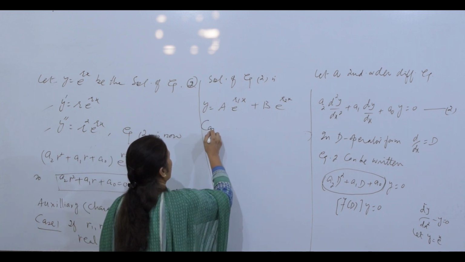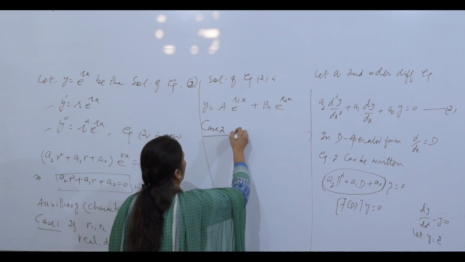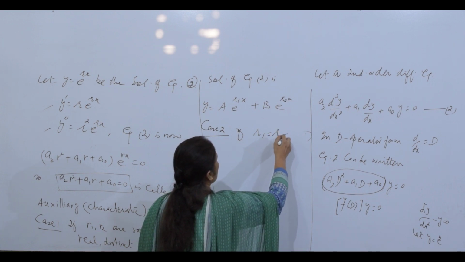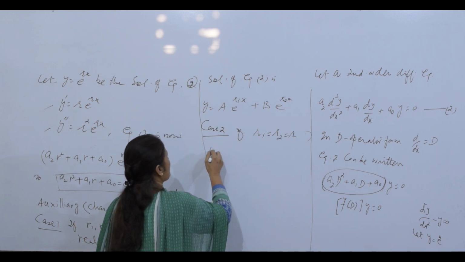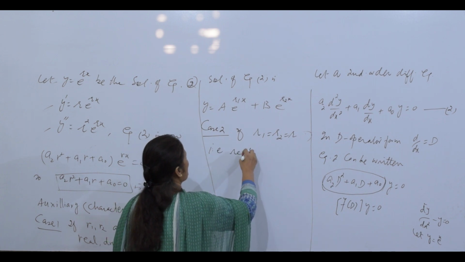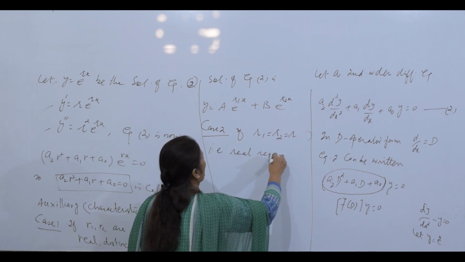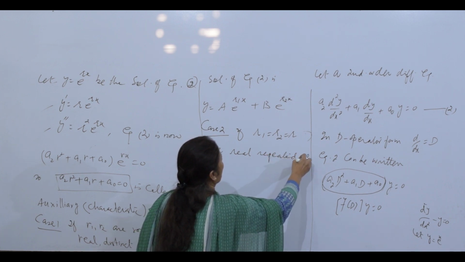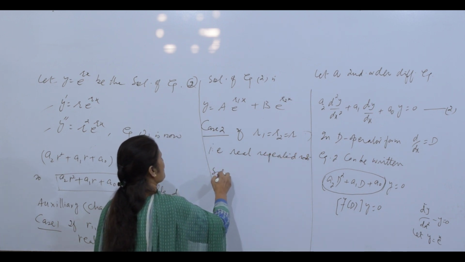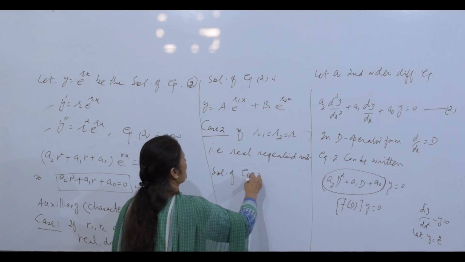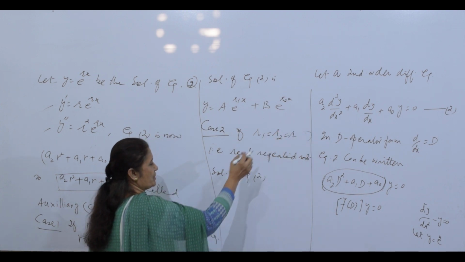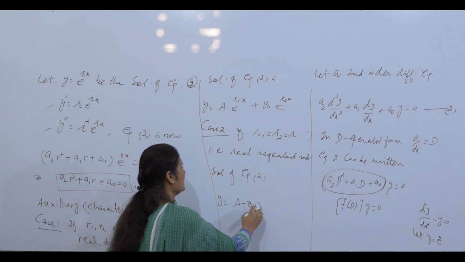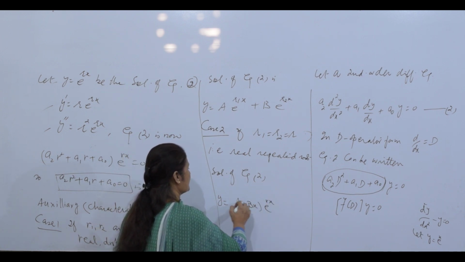Case 2. If r1 is equal to r2 is equal to r, that is, real repeated roots, then the solution of equation 2 is (A plus Bx) e^(rx).